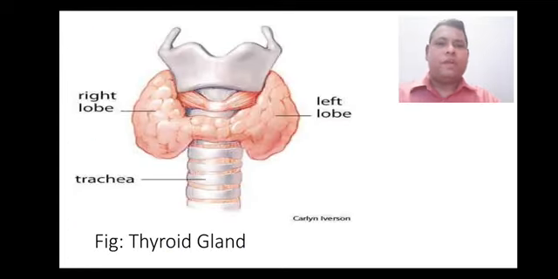You can see the thyroid gland and the different lobes of the thyroid gland, the right lobe and left lobe, and the trachea. This is the left lobe of the thyroid gland and the right lobe of the thyroid gland.